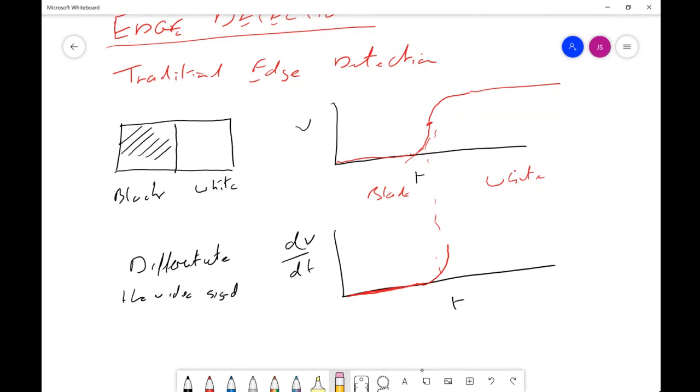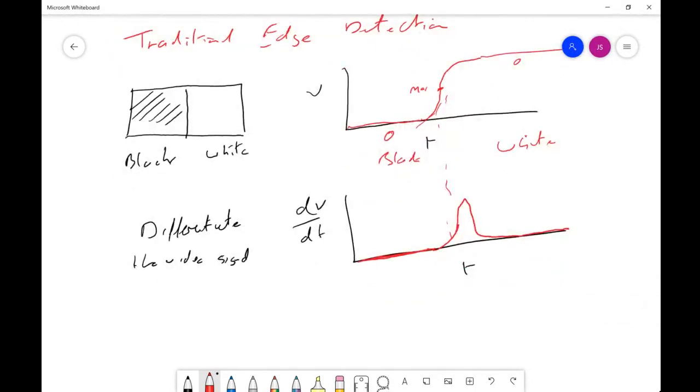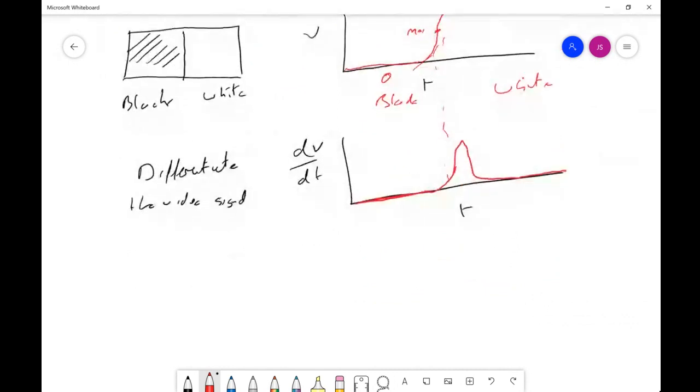The slope is getting less, and it starts to reduce, and it goes down to 0. So going through there, 0 slope, maximum slope in the middle, and down to 0. And of course, that will correspond to the edge between the black and the white parts of the image.